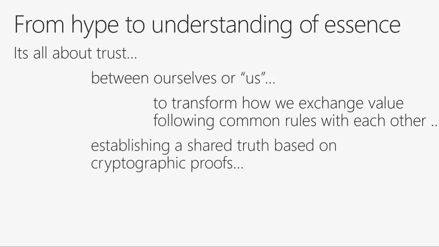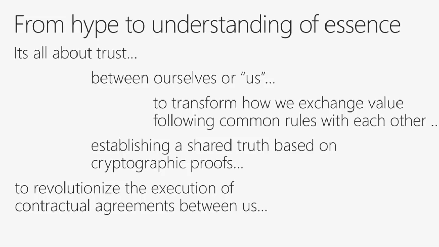But we do this on a shared truth based on these cryptographic proofs. What this will do is it will revolutionize the way we execute contractual agreements between each other. And it can do this forever, essentially. It's going to simplify things. It means that we no longer have to have settlement and reconciliation between two separate organizations with their own internal systems, because they share one truth.